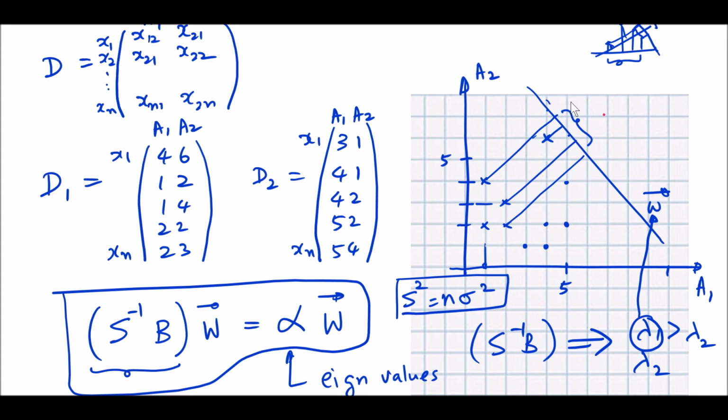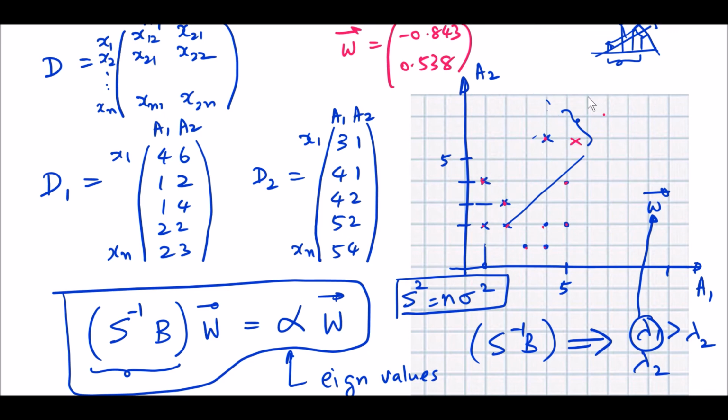We got w, our linear discriminant direction, which is equal to minus 0.843, 0.538. So our data are here. So we have two data sets, 1, 2, 3, 4, 5, and 1, 2, 3, 4, 5. So what this direction means, we can choose any random point, say this point. Let's erase this line here and try to make it a bit cleaner.